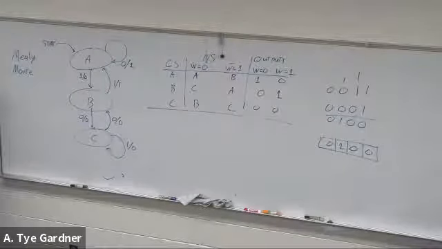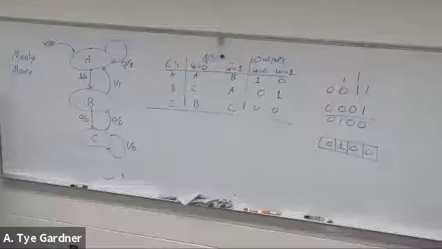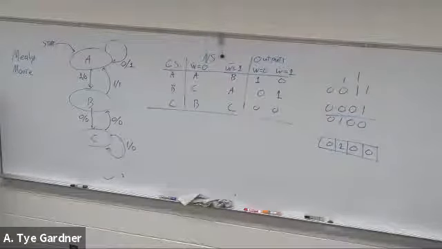Now, one of the differentiators is, as a general rule, Moore state machines take more states to implement. However, they're simpler. Why are they simpler?